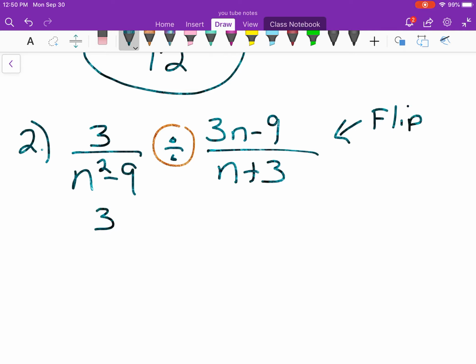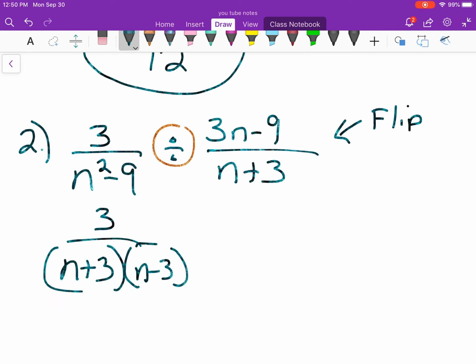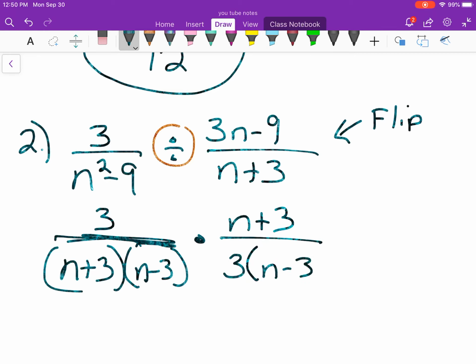So I have 3 over, I'm going to go ahead and reduce this, n plus 3, n minus 3, that's a difference of squares. Make that multiplication, then I have n plus 3 on top now because I flipped it, pull out a GCF, and I'm left with n minus 3.